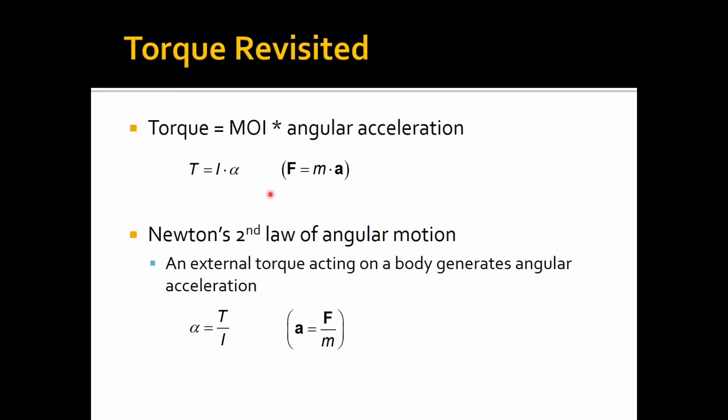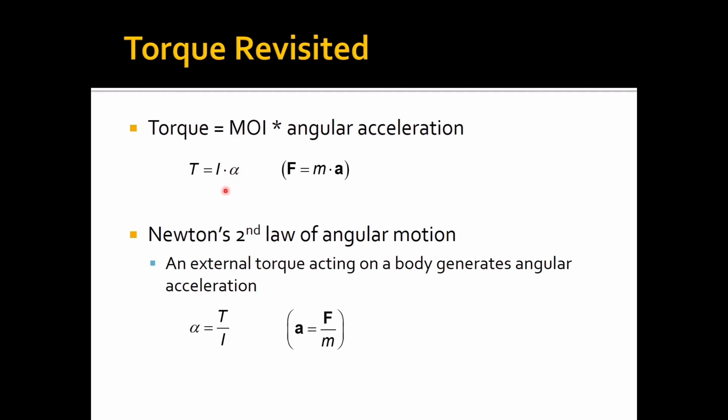So we can also get the torque by multiplying moment of inertia by angular acceleration. If we multiply these two, we can also get the torque. I means moment of inertia, and alpha means angular acceleration.